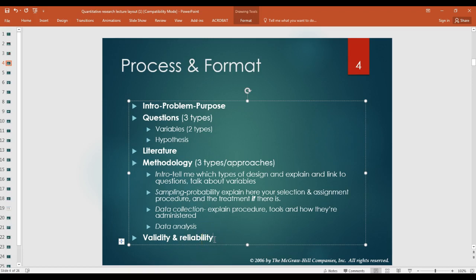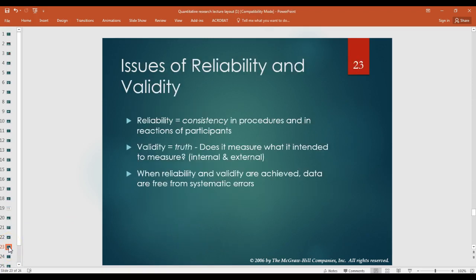And then comes the last piece, which is validity and reliability. Reliability is the consistency in procedures, okay? How you're collecting your data, how you're measuring your data, all of that. This consistency between the pre and post, for example, shows the reliability of the research.